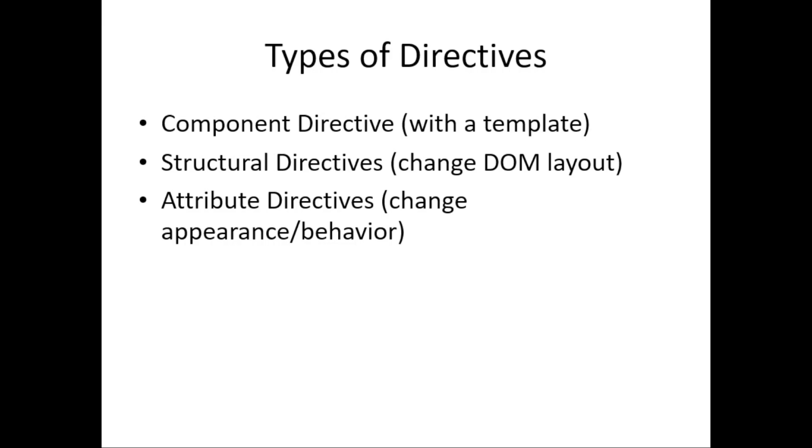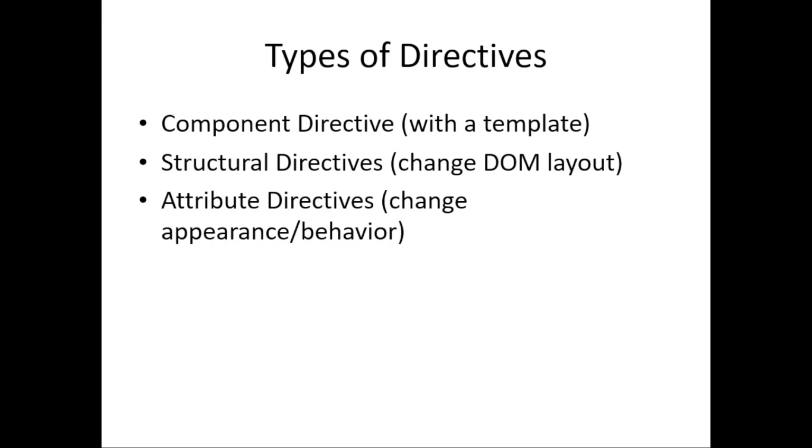So first, we can see the types of directives. We have three types of directives in Angular. The first one is component directives. I will let you know what a component directive is in an easier way to understand. If you have some hands-on experience and are preparing for interviews, you can make use of this video.